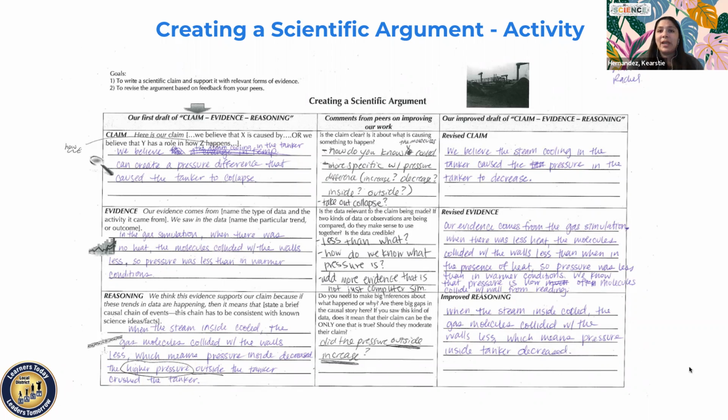The reasoning changed, showing that they were taking into consideration all of the different feedback that they got, and it in turn strengthened that CER that they were engaging in.